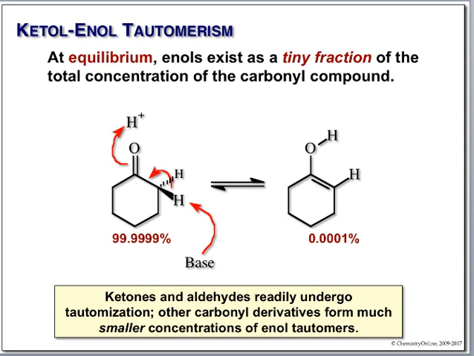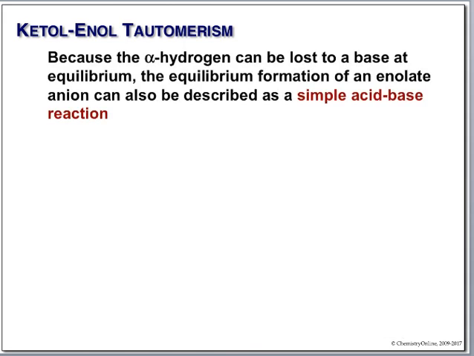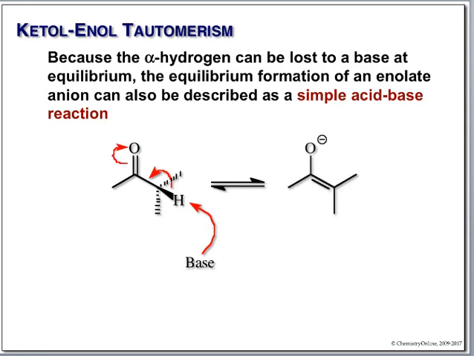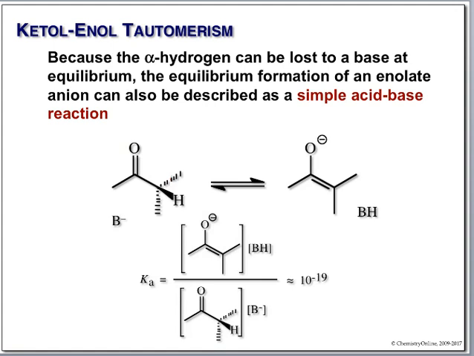Nonetheless, enols have the ability to impart real reactivity to the alpha carbon of a ketone or aldehyde. The isomerism from a ketone to an enol can be described as a simple acid-base equilibrium. If we have a base pulling off a proton, we're going to make BH here. And here's our base that we started with.